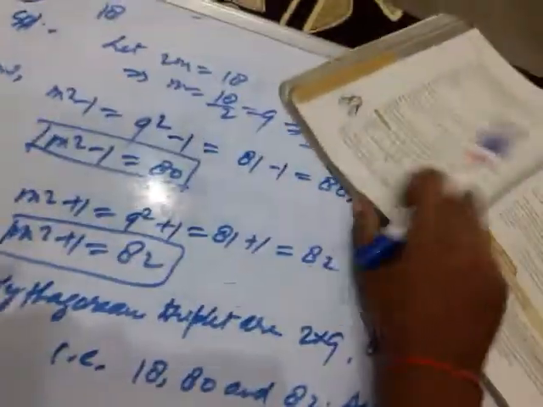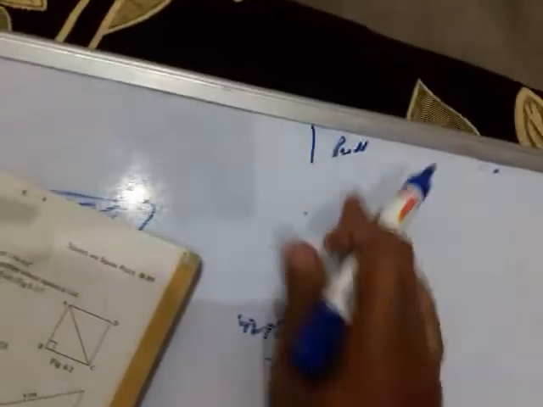Here one note is there. What is the note? Let us emphasize it. Square root of a number, note, write down.